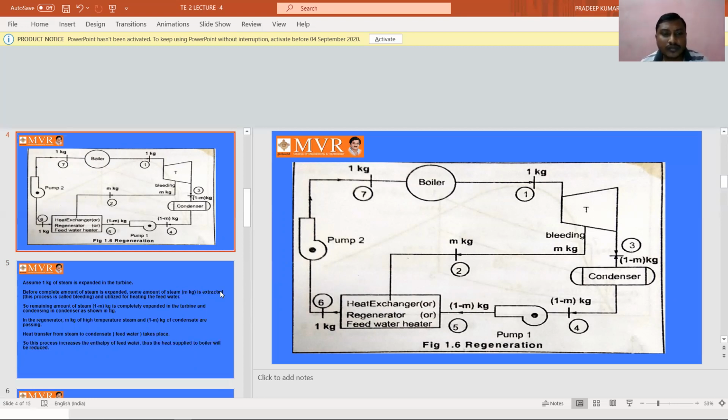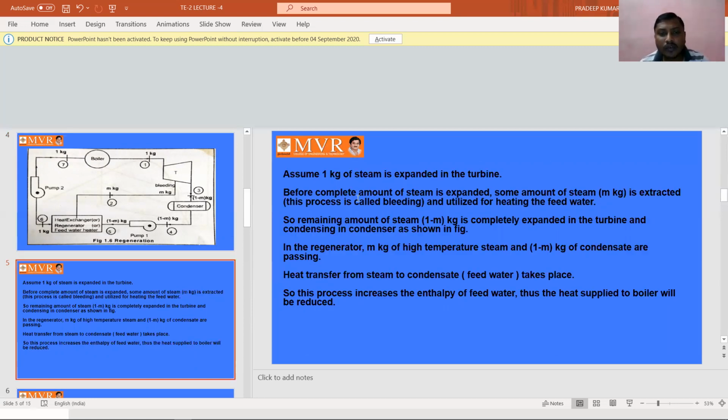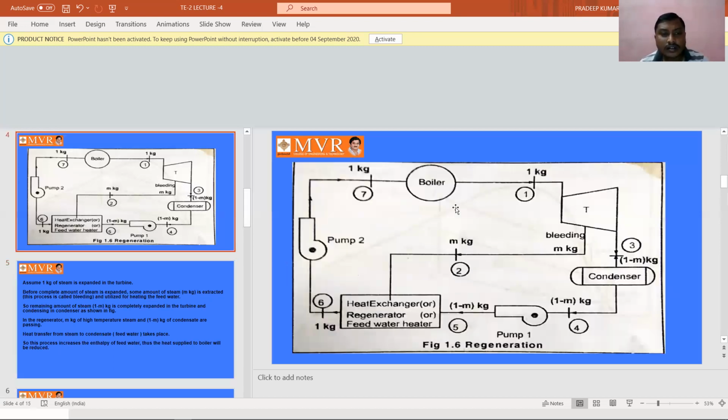Before the complete amount of steam is expanded, some amount of steam, m kg of steam, is extracted and utilized for heating the feed water which is coming out from the condenser through the pump.